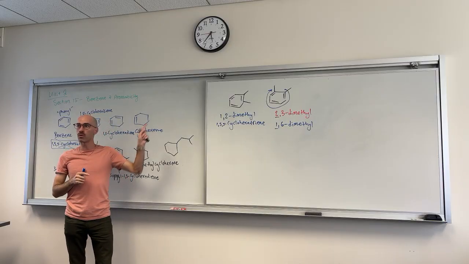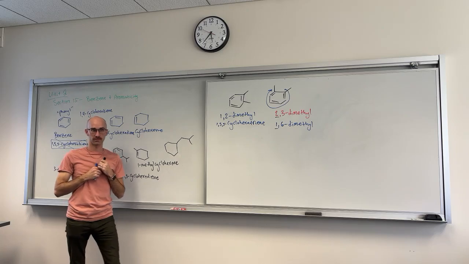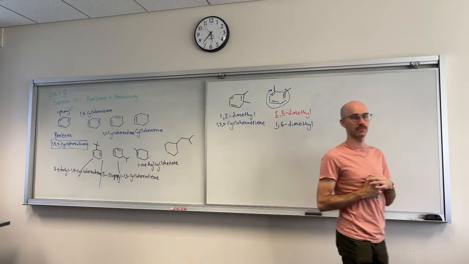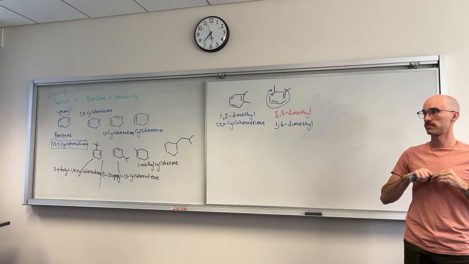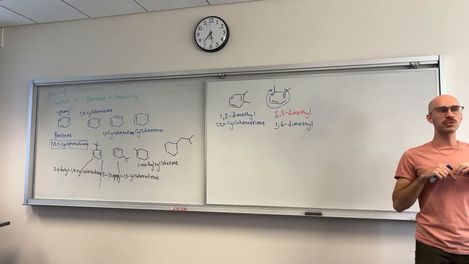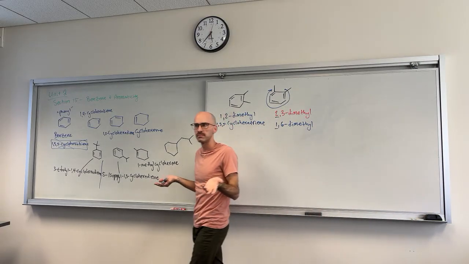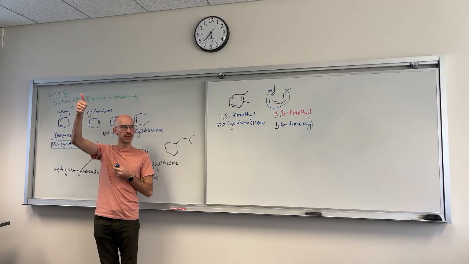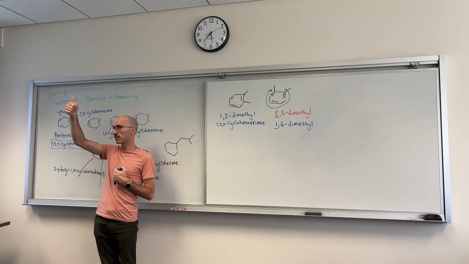Now, what would you call these two structures based on their names? What is their relationship? You would call them structural isomers. What do structural isomers have in common? Chemical formula. Do they always share the same functional groups?